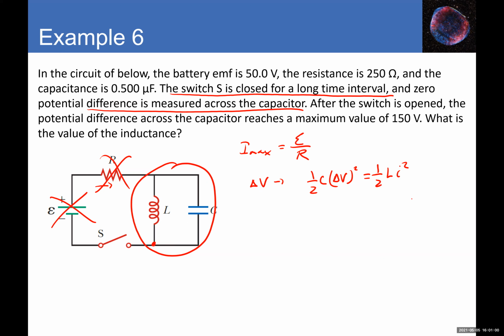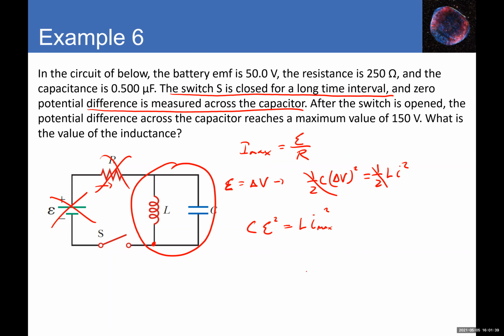That means the maximum amount of energy for both of them is exactly the same. However much you calculate for the maximum electric potential energy, exactly the same amount is the magnetic energy. Then using this equation, if we cancel the 1/2, we have C times EMF. This potential is just your EMF because it's an ideal battery. So C times EMF squared is equal to L times I max squared.